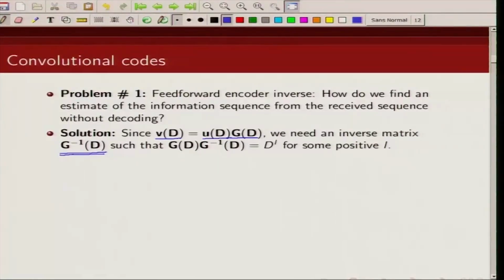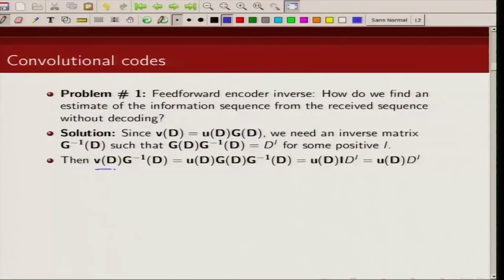If there exists a feed forward inverse, then if we multiply the receive sequence by the encoder inverse, we can get back our original information bits without decoding, after some delay D^L.